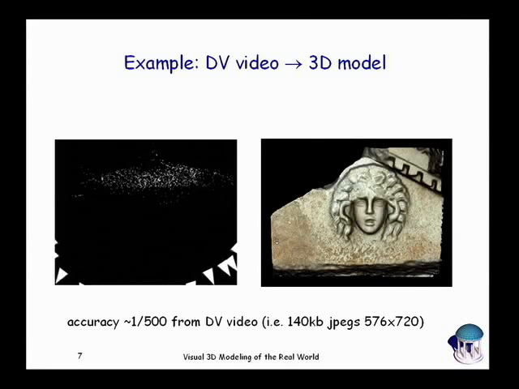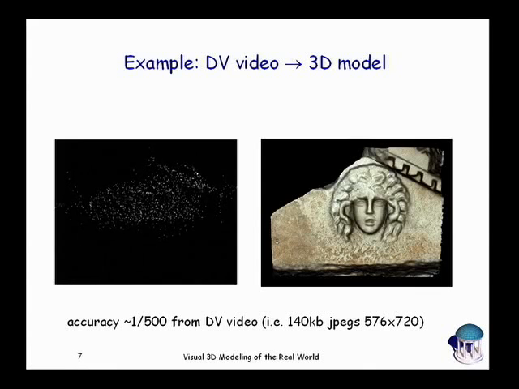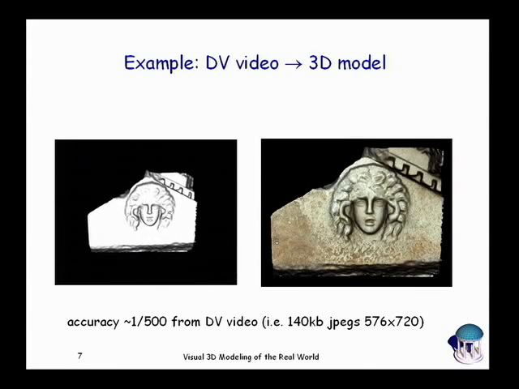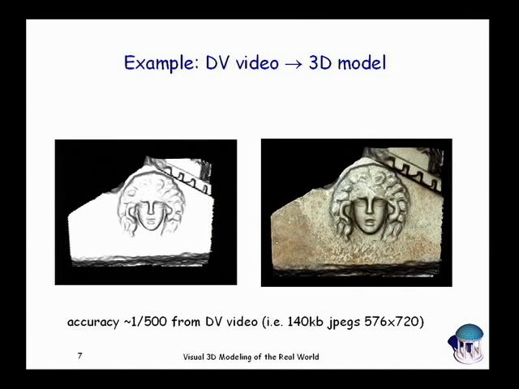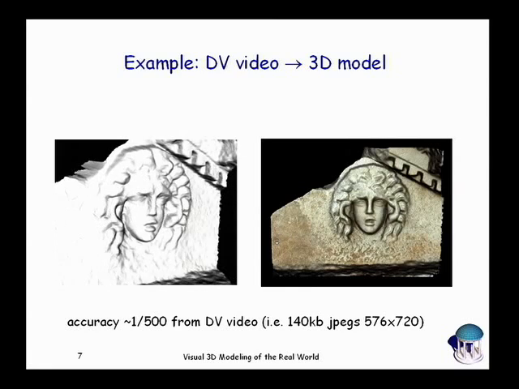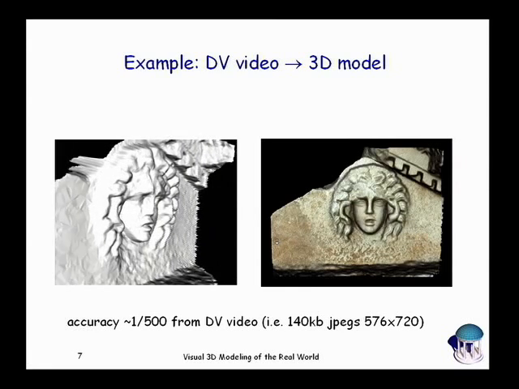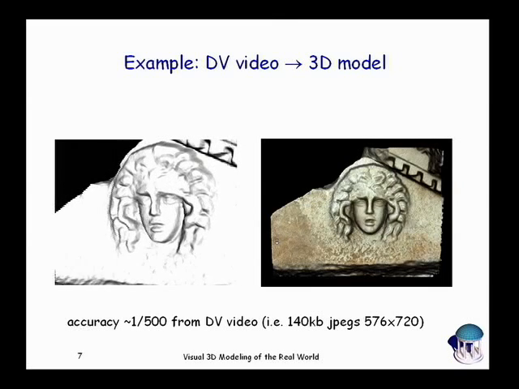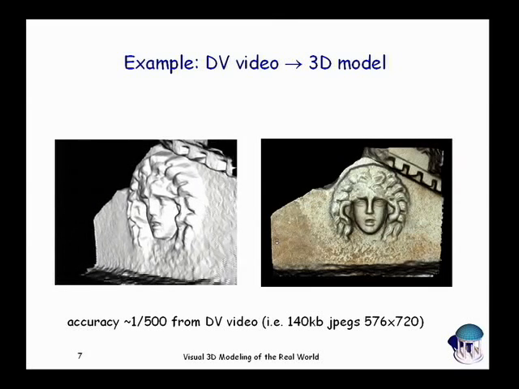Then we revisit the images, do stereo between each consecutive pair of images here, and then link that all together to get higher accuracy by linking from one view to the next. In the end, we end up with a depth map or a surface representation, where you can see that even things like eyelids are present in the geometry.